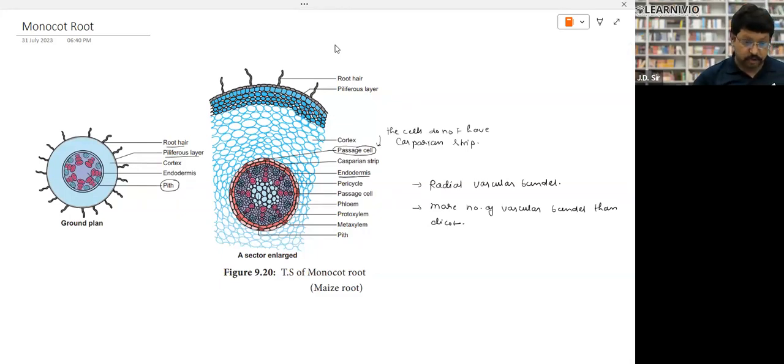Pith is present, which is not found in dicot. Pith is present at the center, right? And what else is there?